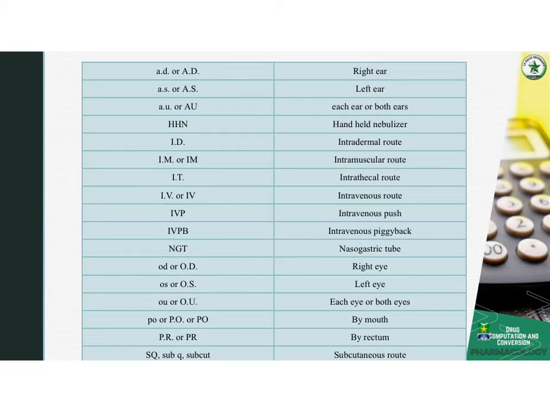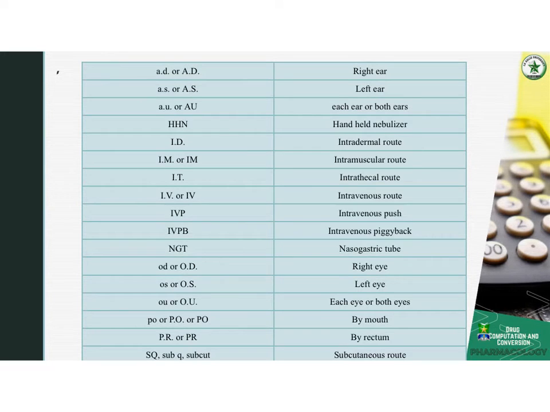AD stands for auris dextra. Auris is a Latin word which means the ear, and dexter means right. So in medical English, AD means right ear.